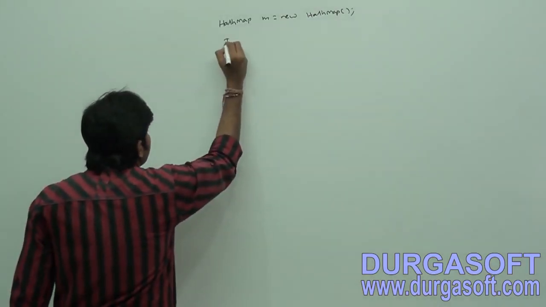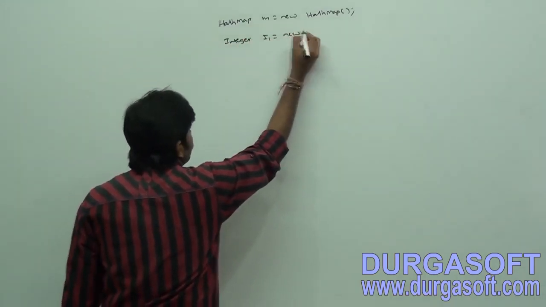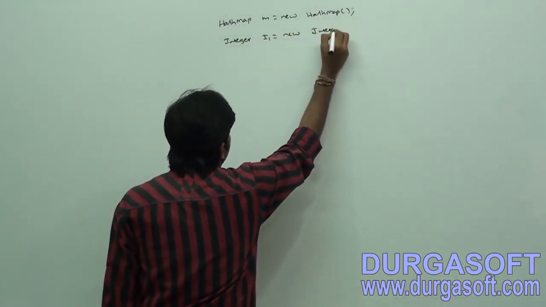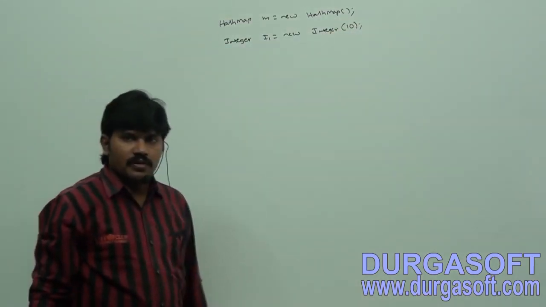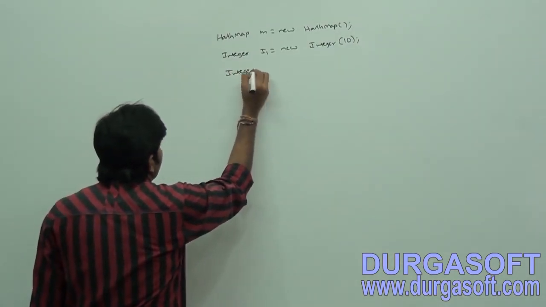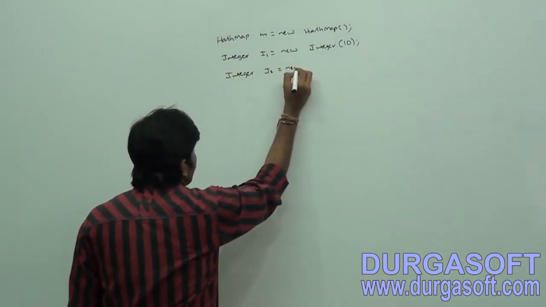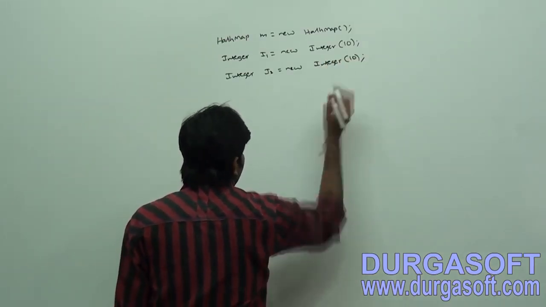Now Integer I1 is equal to new Integer of 10. Integer I2 is equal to new Integer of 10.